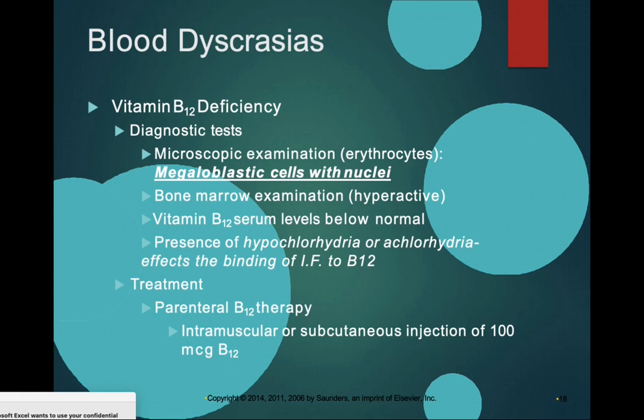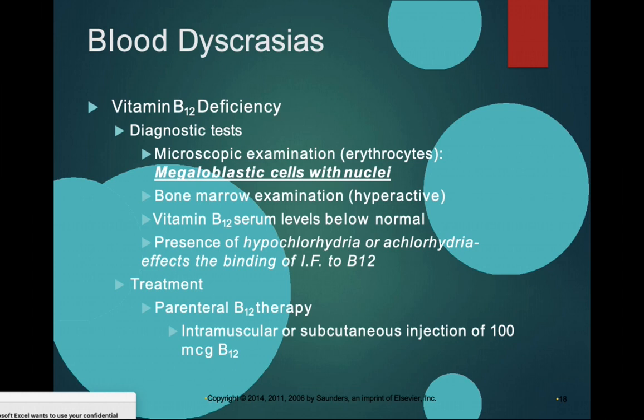The bone marrow exam is hyperactive. The vitamin B12 serum level is below normal. There could be the presence of hypochlorhydria or achlorhydria, which will affect the binding of the intrinsic factor to B12.